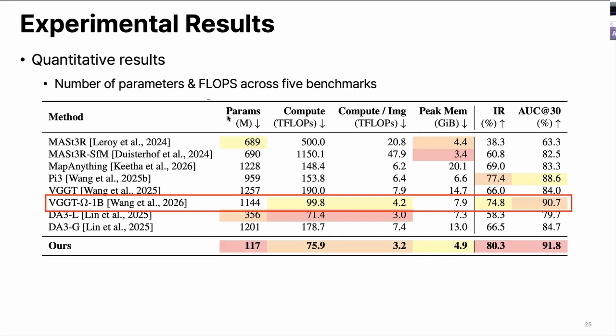In contrast, models like VGGT Omega, which is a recent state-of-the-art 3D reconstruction transformer, use much more parameters than Déjà, while Déjà achieves better average performance across 5 benchmarks. And it also shows smaller compute and memory overhead, as you can see in these columns.